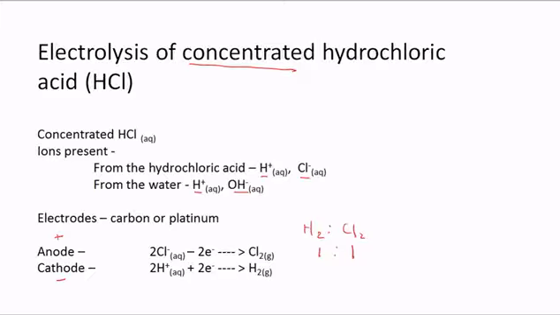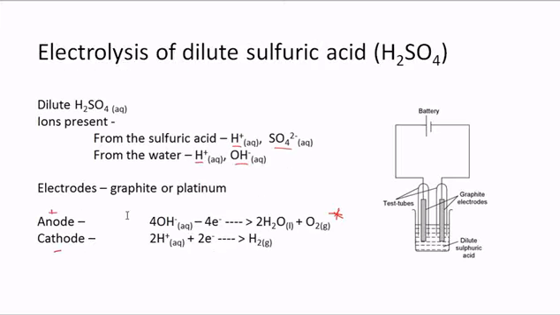Okay, in the example before with the sulfuric acid, we had 4 electrons in this half equation and we had 2 electrons here. If we want to write the overall reaction, we will have to balance the number of electrons. In order to do this, this second equation has to be multiplied by 2.